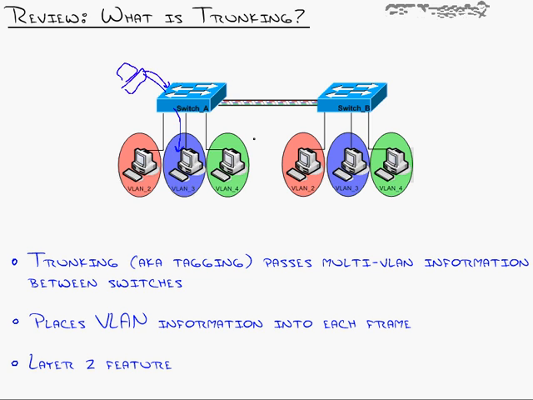It doesn't realize that was originally tagged as belonging to VLAN 3, because if the tag was left on, the computer would drop it. It would say that's not a good packet because there's this little tag that I don't know what that is. So when you think about trunking, trunking is just a port that leaves the tag on.